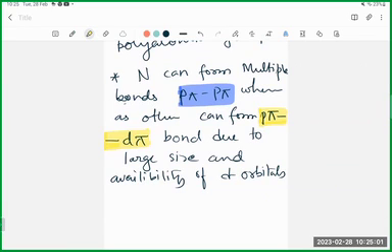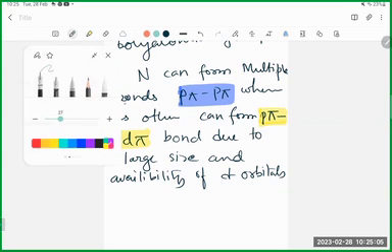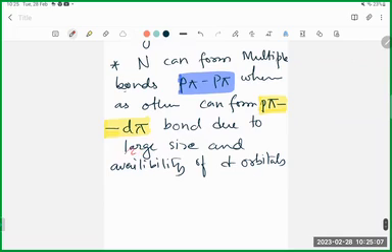So this is most important. Why do we find this characteristic in nitrogen? Because of its smaller size and unavailability of d orbitals, whereas other elements, phosphorus, arsenic, antimony, bismuth, are all large in size and have availability of d orbitals.